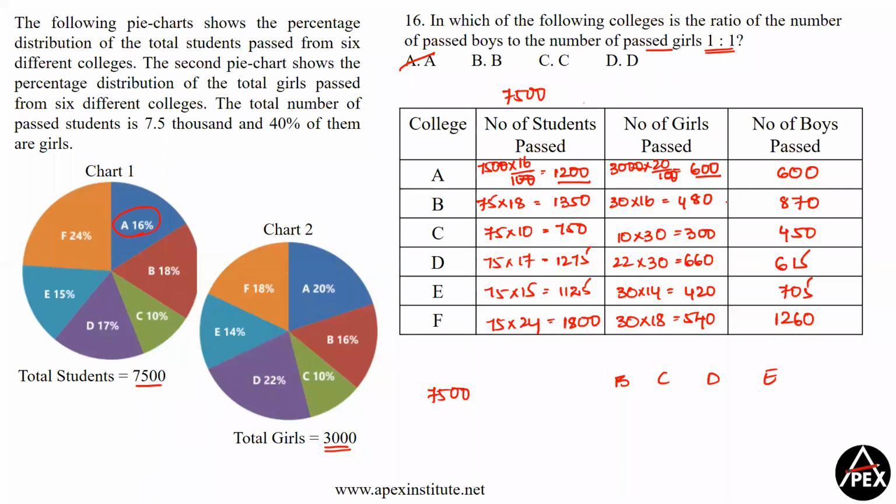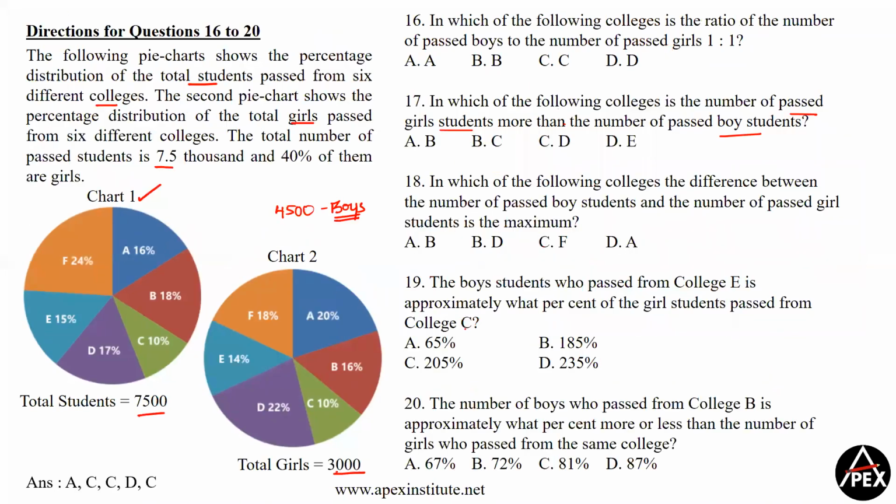So 480 and 870, no. 300 and 450, no. 660 and 615, yes. In E, 420 and 705, no. F, 540 and 1,260, no. So the number of girls passed is more than the number of boys passed in college D. So the answer for this question should be option C.